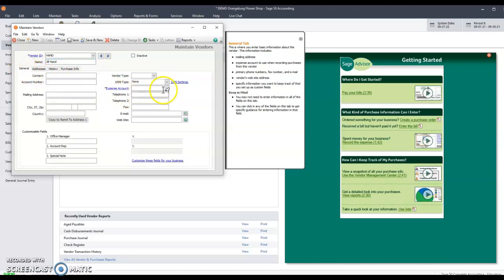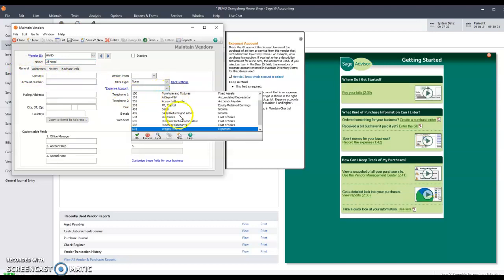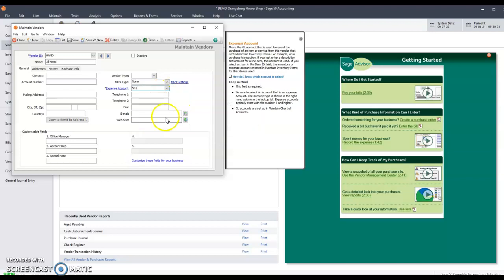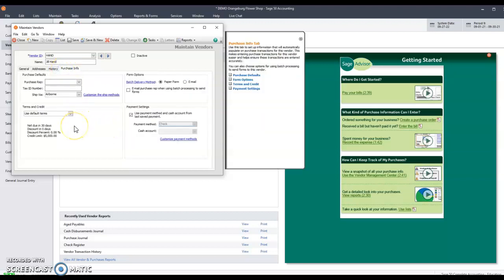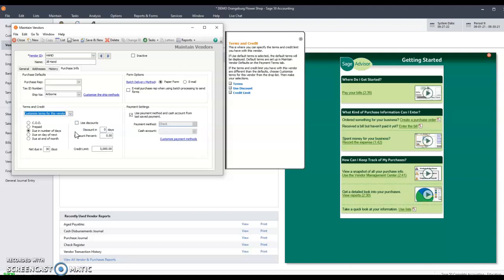Okay, under general, whenever we buy something, again, it's inventory, so we're going to debit purchases. Now, with Jill Hand, there's a normal terms of 2/10 net 30. So this is only saying it's net due in 30 days with no discount. Okay, so I'm going to click this down arrow and say customize terms for this vendor.